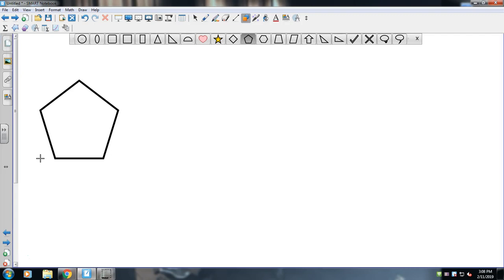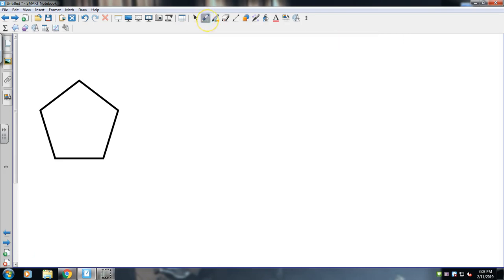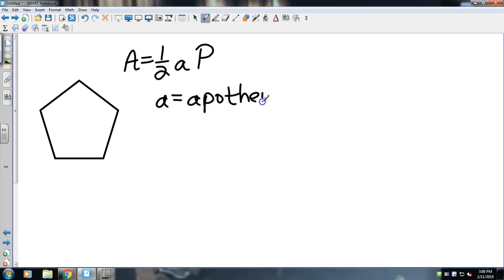So let's start with the actual area of a polygon. There is a formula, and the area is 1/2. Now I'm going to go with a little a here, and the little a, that's the apothem, and then P is going to be the perimeter.